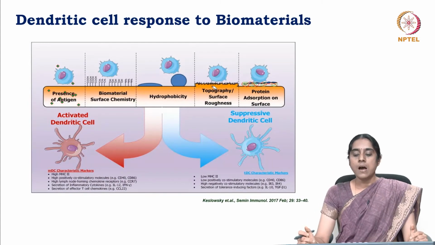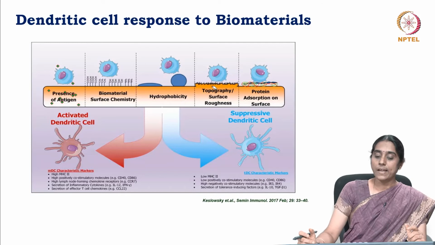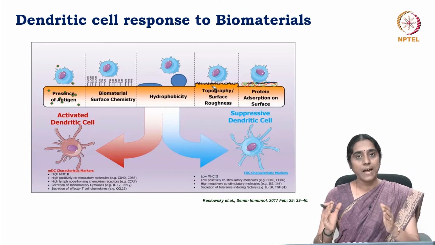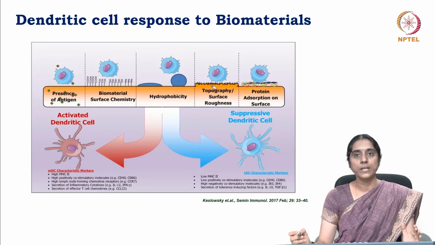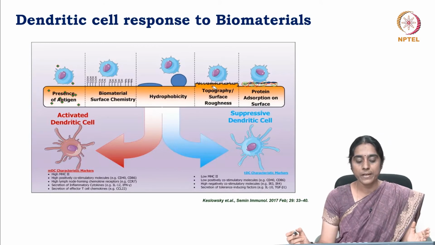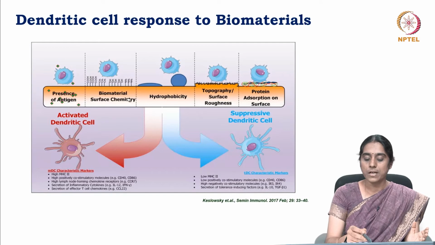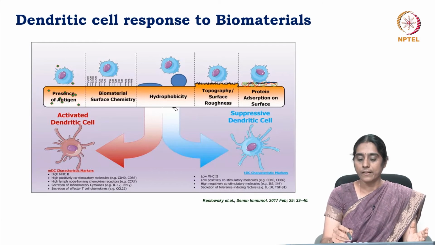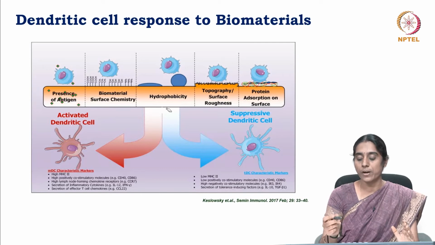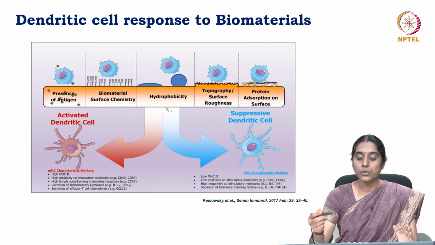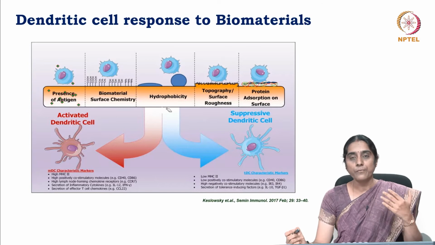So, how can the dendritic cell response to a biomaterial be tuned? That can be done by tuning the properties of the biomaterial, starting from surface chemistry, whether the surface is going to be hydrophobic or hydrophilic, or the topography and the surface roughness.